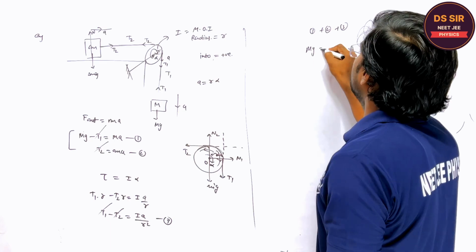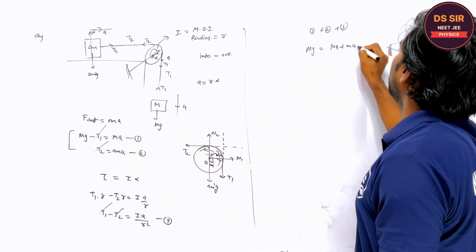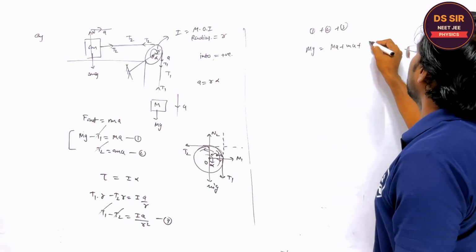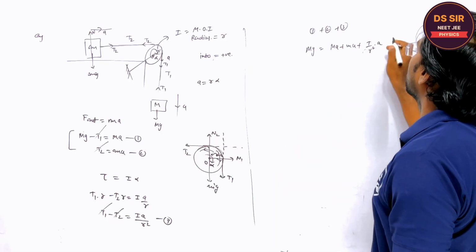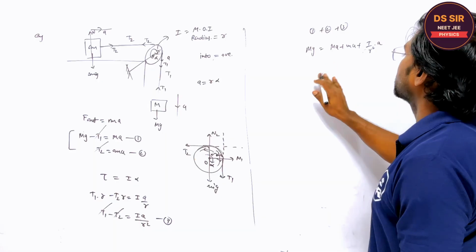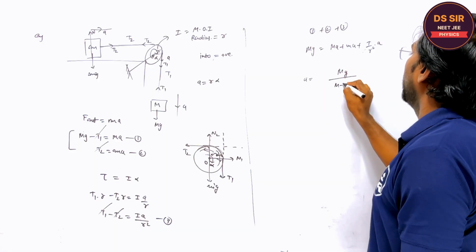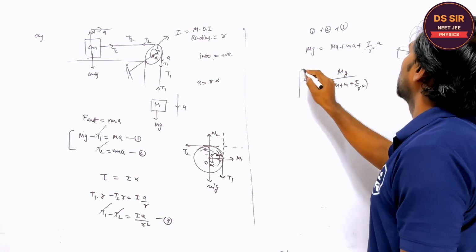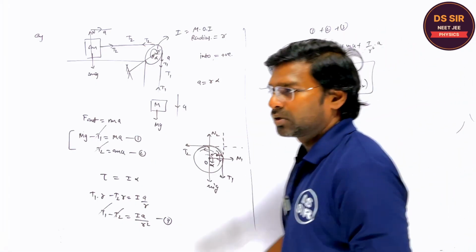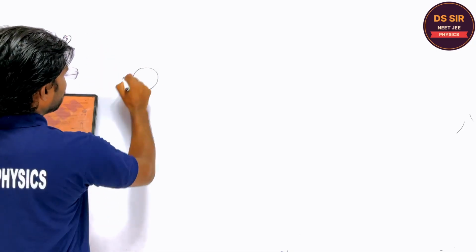That capital Mg is equal to Ma plus small ma plus I upon R square into A. So the acceleration may be written as capital Mg upon M plus small m plus I upon R square, right? So this is a simple question.